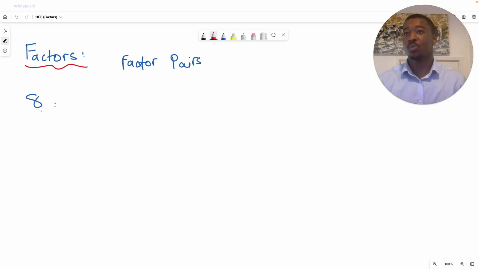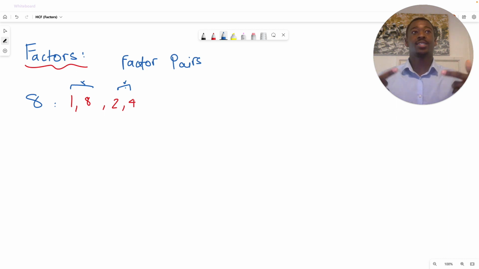So for example, if we look for factor pairs and our number is 8, we can think of 1 and 8. Why? Because 1 and 8 multiplied together give us 8. And then we can think of 2 and 4. Why? Because again, 2 times 4, using our times tables, gives us 8. Now it's way more effective and efficient to think of factors in this way.